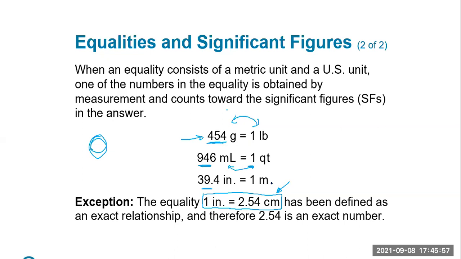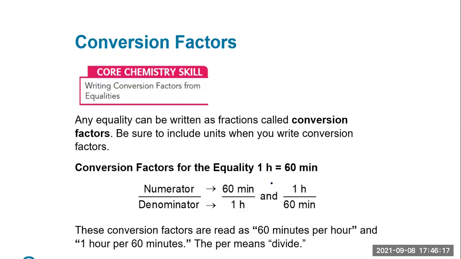So the right way, metric and US, should look at the significant figures when you're doing the calculations. I'm going to say for just lecture, and again for lab, if they tell you something different, it is correct to do it this way. But definitely for lecture here, even if it is that metric to US, you could still think of it as an exact number. And in probably most cases, you will still really be probably okay.